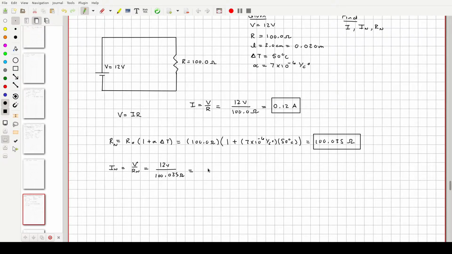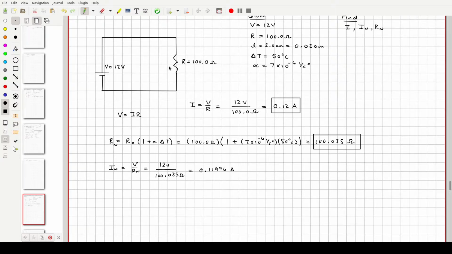So 12 divided by that is going to be 0.11996-ish amps. Now obviously the sig figs here aren't right, but as you can see, it definitely changes things. There is a small change as a consequence of heating.